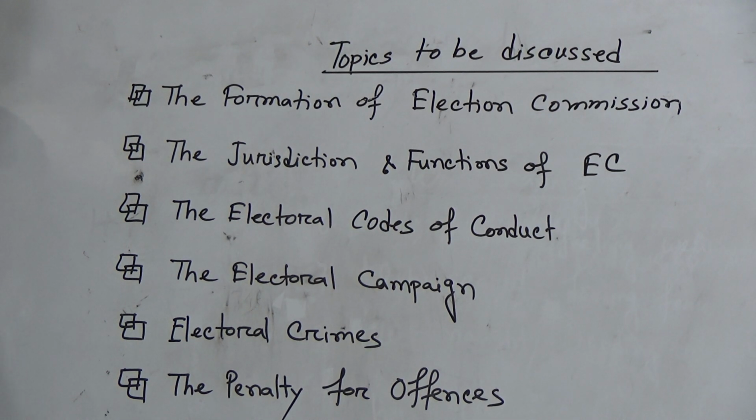The candidate or his supporter shall not be entitled to do anything of their own. That means during campaigns, public life should not be hampered. The candidate should take this in mind.